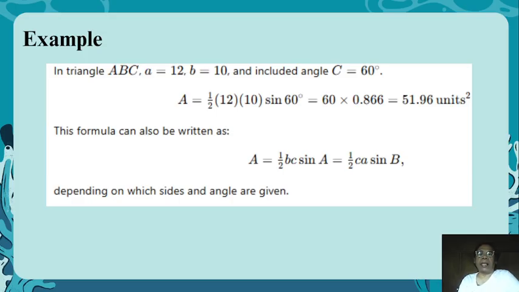And the final answer is 51.96 units squared. So this formula can also be written as area is equal to 1/2 bc sine angle A, and that is also equal to 1/2 ca sine angle B, depending on which sides and angles are given.